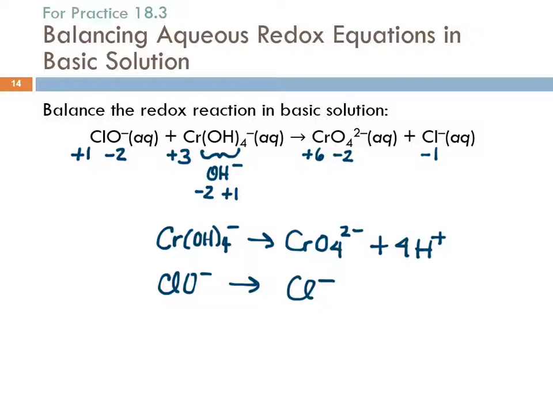If we were doing this in acidic solution, we would stop. But this is a basic solution. I have 4 hydrogen ions, so I'm going to add 4 hydroxide ions. I'm going to add that on the left and on the right. Or the right and the left, sorry.